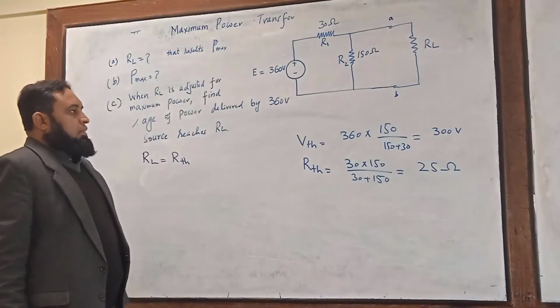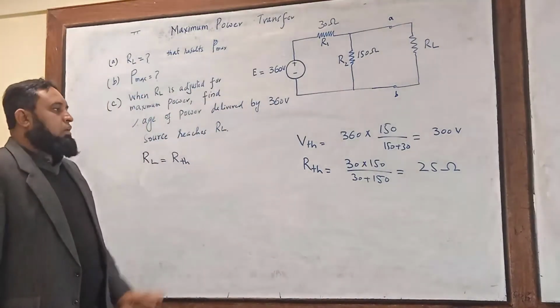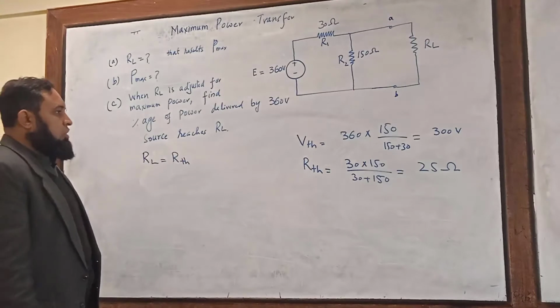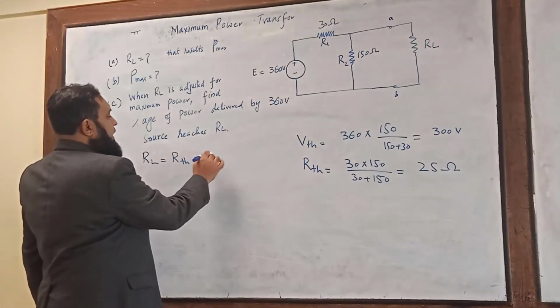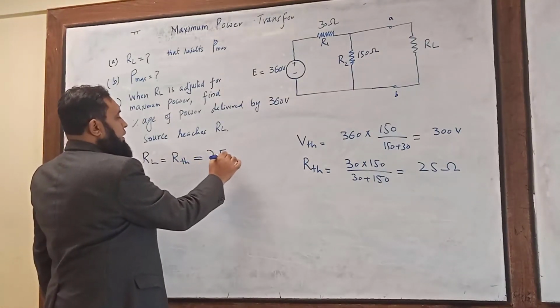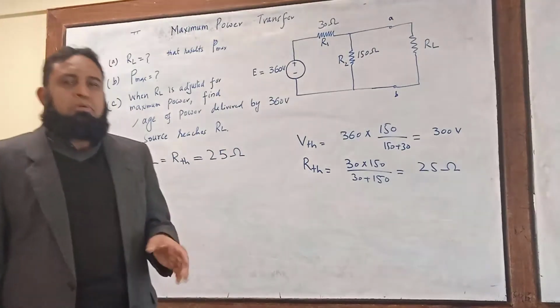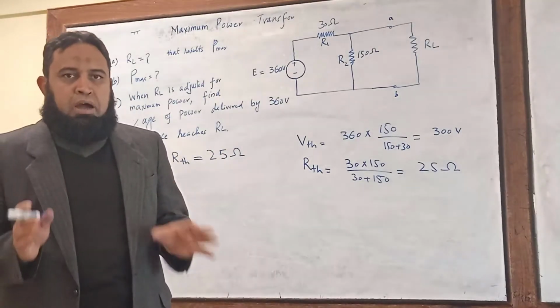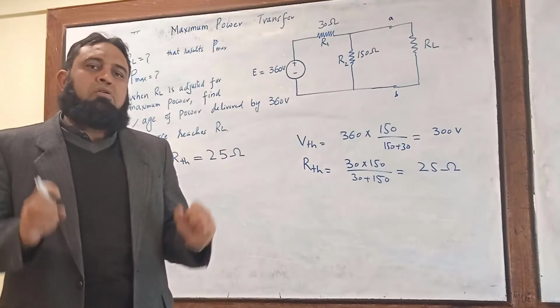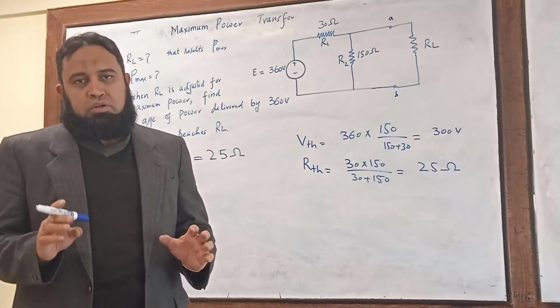So the Thevenin voltage is 300 volt, the Thevenin resistance is 25 ohm, so it means that RL has to be adjusted to 25 ohm in order to have the maximum power at the load side.